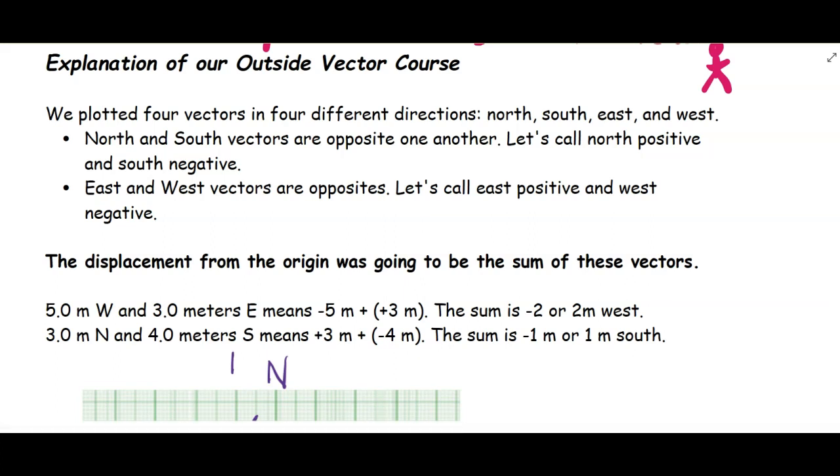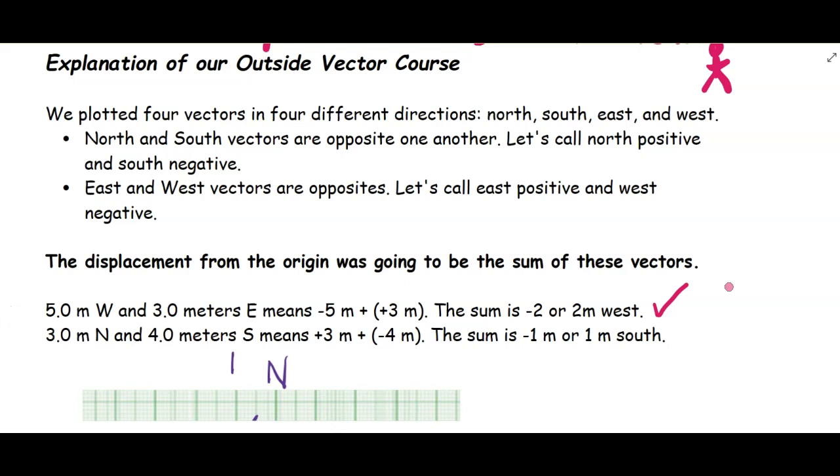So 5 meters west and 3 meters east, we would give the west one a -5 and the east one a +3. So the sum of those vectors, -5 and +3, ends up being -2, which is 2 meters west.